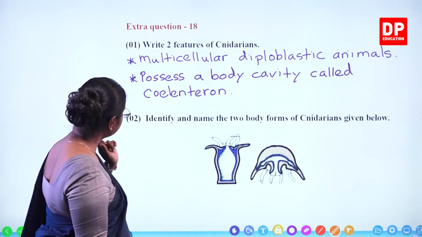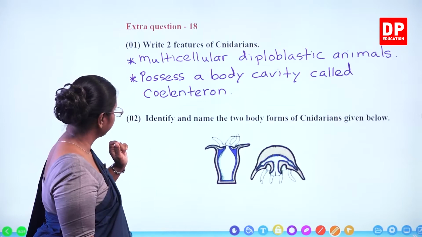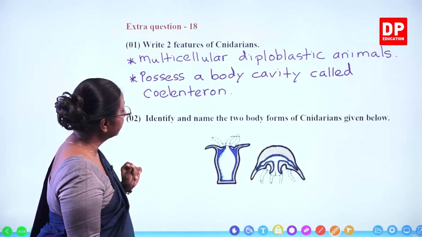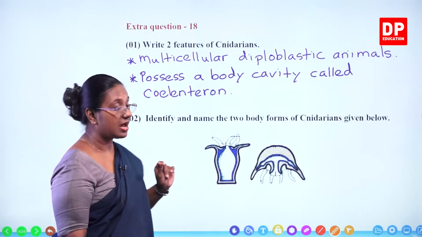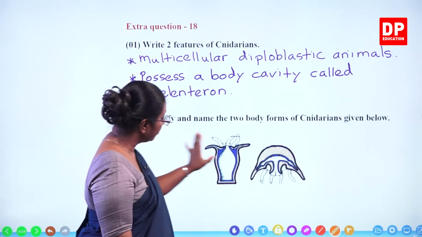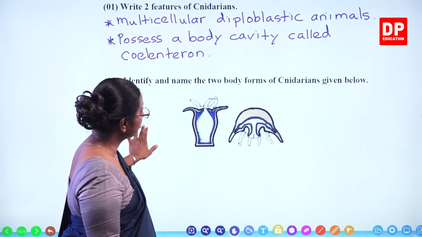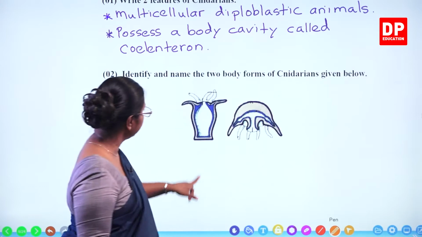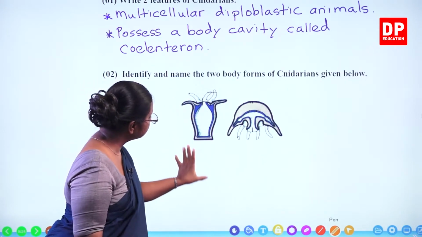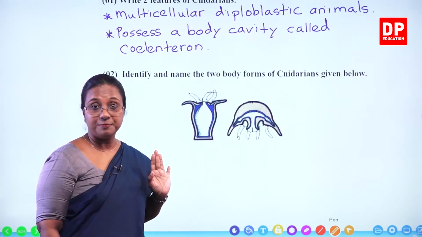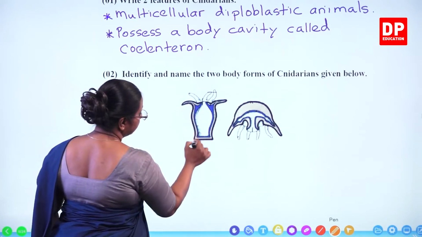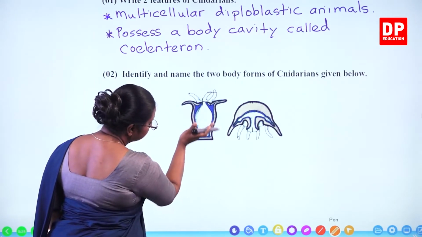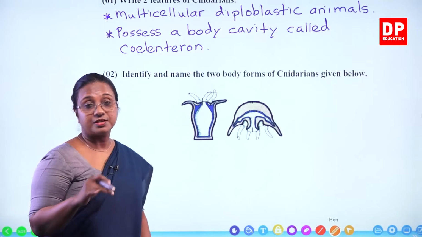Then we have the second part of the same question. Identify and name the two body forms of Nidarians given below. When you look at the two body forms, students, you can identify them easily. This is the body form of a polyp. Polyp is sedentary, so you can see this part attached to the surface.